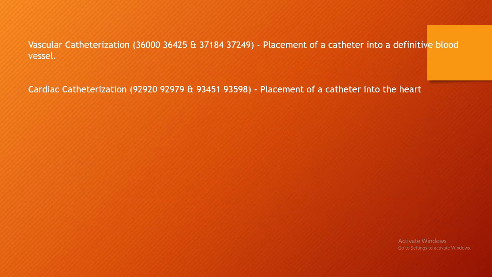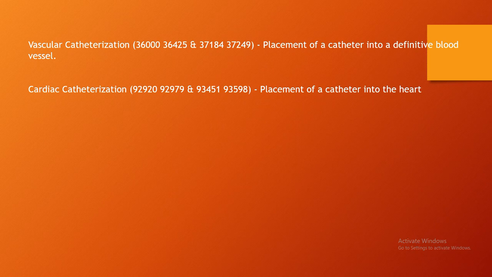Okay. Here in catheterizations, we have vascular catheterization. Mostly these are related to blood vessels. Those codes are 36000, 36425, 37184 and 37249.